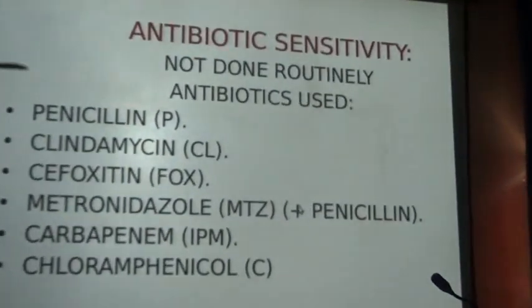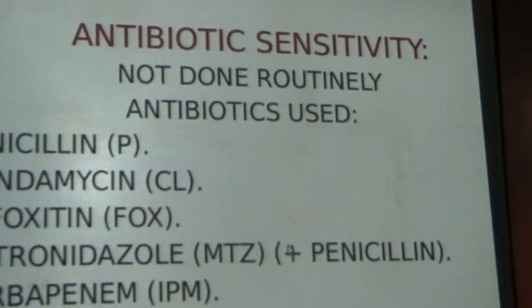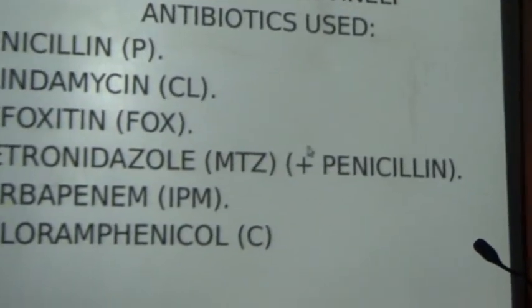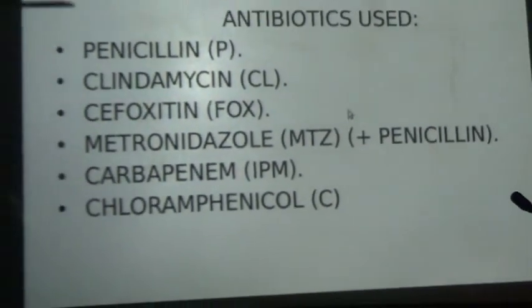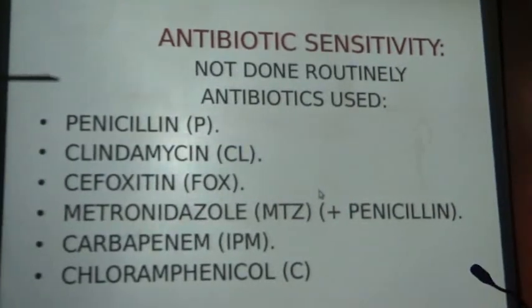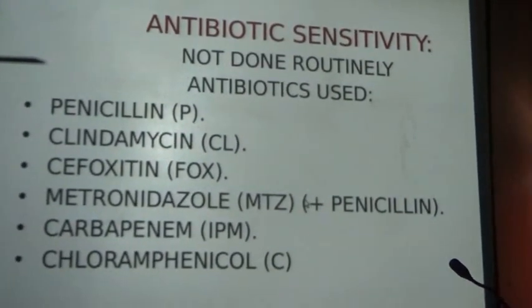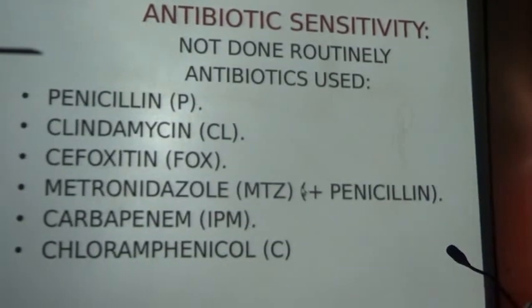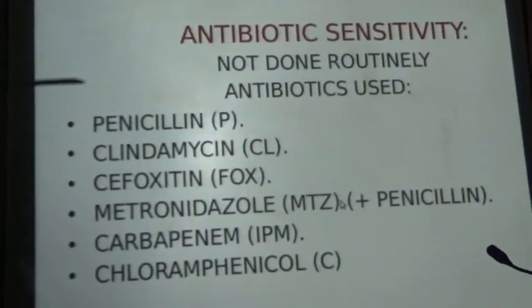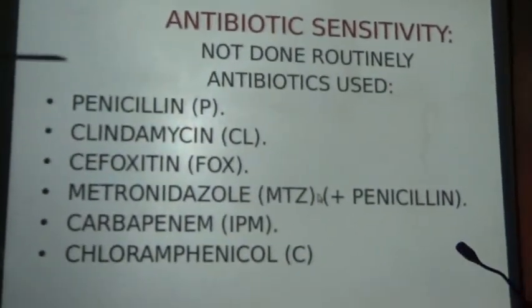After you have obtained the anaerobic growth of these bacteria, they are identified by various methods, various chemical tests and other things. And after their identification, usually the antibiotic sensitivity test is done on these isolated bacteria.